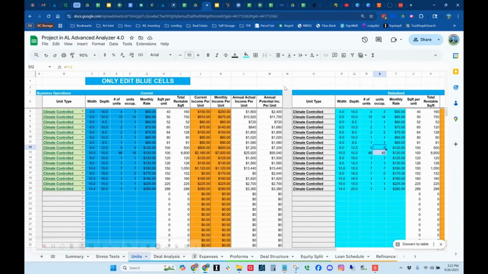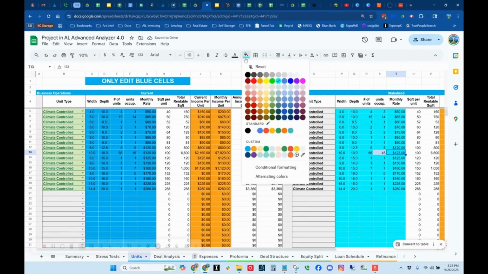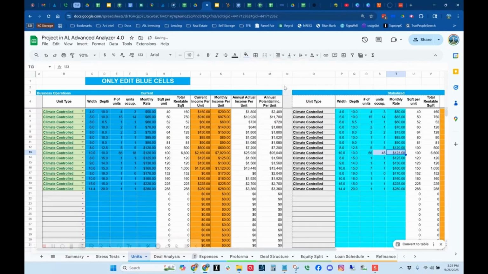And you can change the price also. If you want to bump it up, say 123, and then do the same with the color. Go to the diagonal of the check mark. So that'll tell everybody that you changed those units.